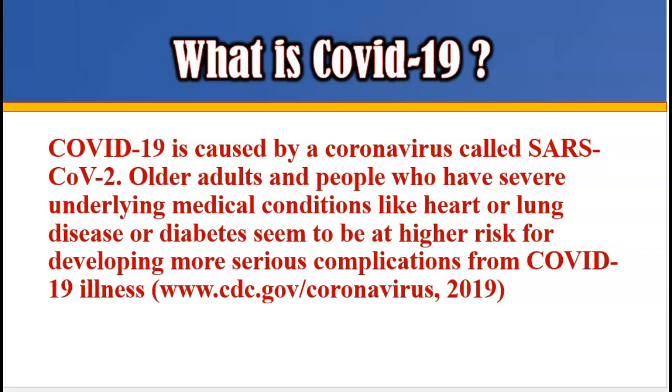Individuals that are battling AIDS, people that are infected with HIV, those are immunocompromised individuals. Those people are at a higher risk for developing more serious complications from COVID-19 illness if indeed they do become infected.